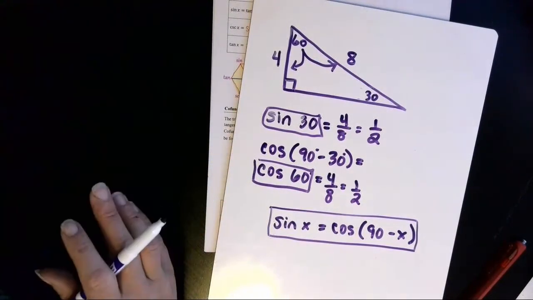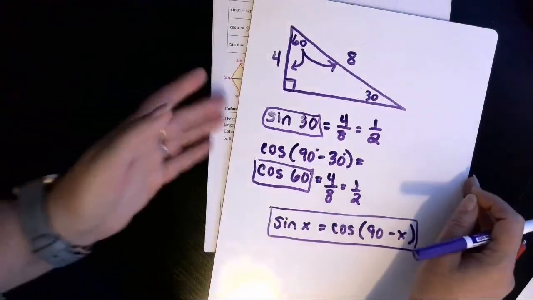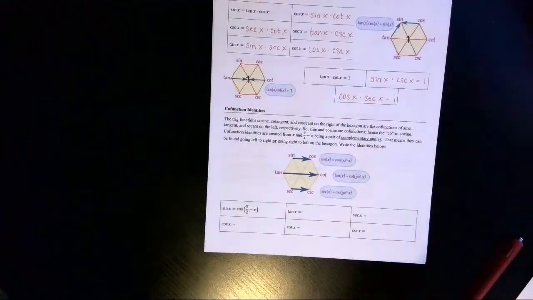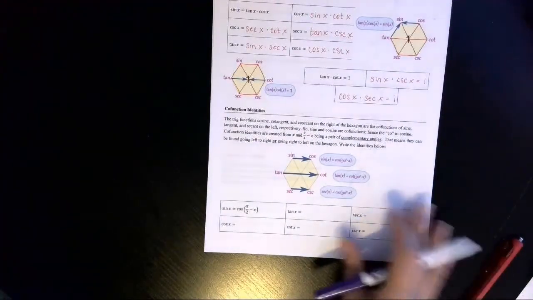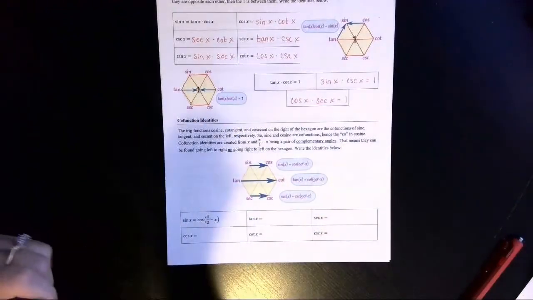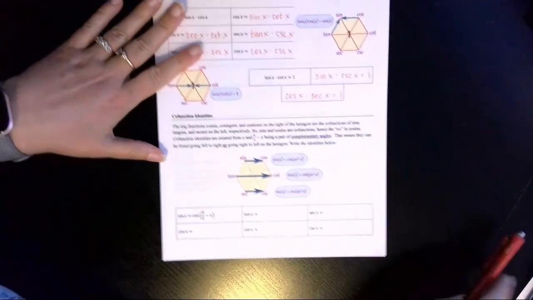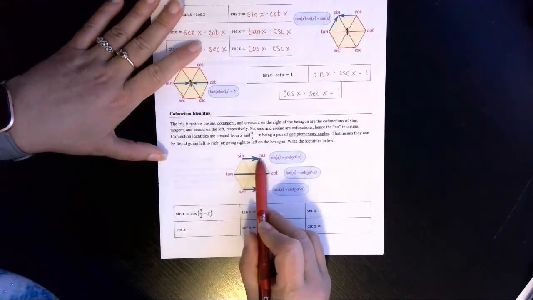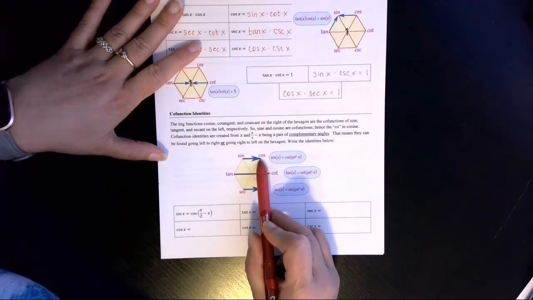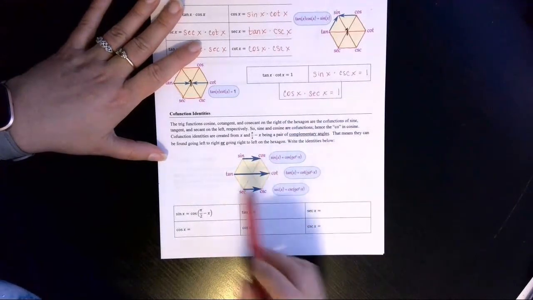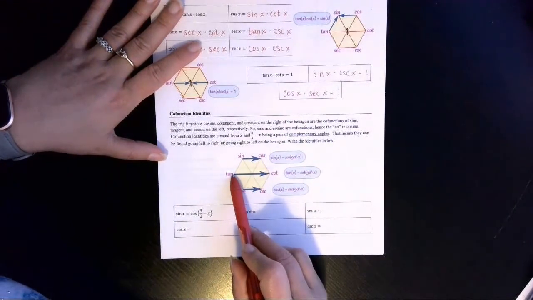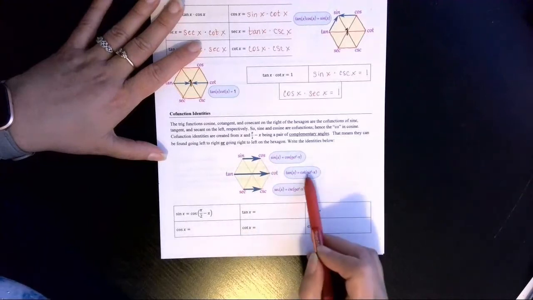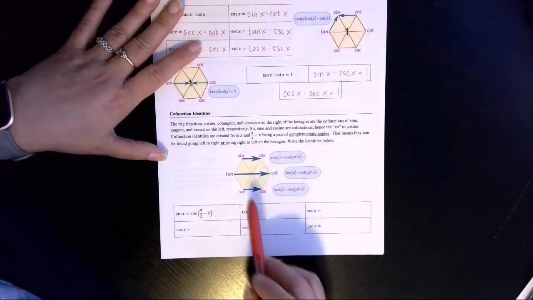Our cofunction relationships on the hexagon go straight across. So if you look at that diagram, we see that sine is equal to the cosine of 90 minus the same angle. Tangent is going to be the cotangent of 90 minus that same angle.